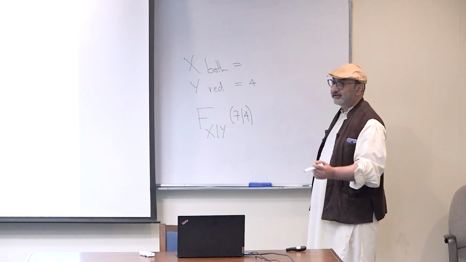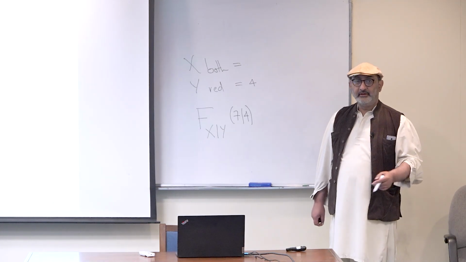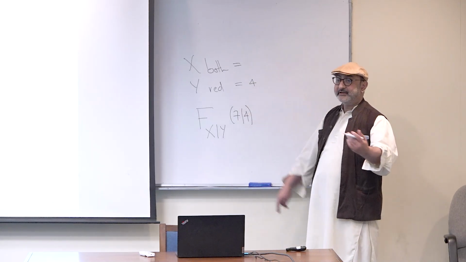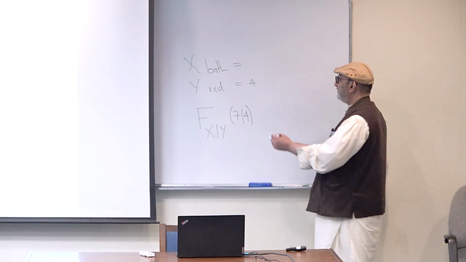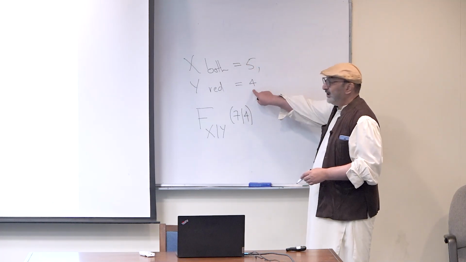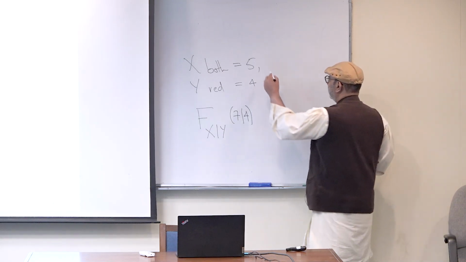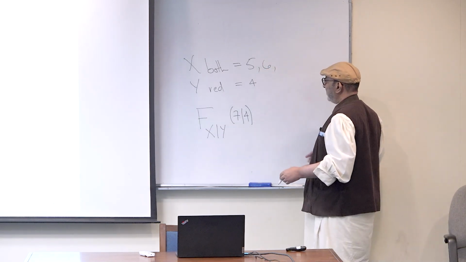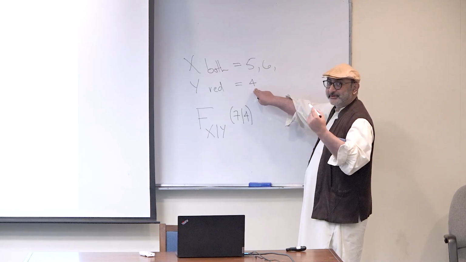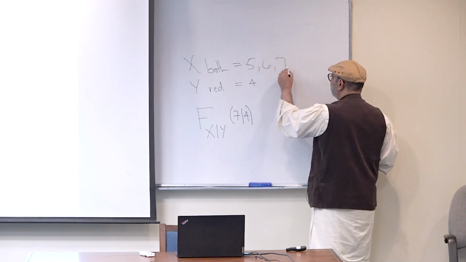Okay, so what could x be? With one die you rolled a 4. With the other die you could roll a 1. That would give you a total of 5. With the other die you could roll a 2, and then 2 plus 4 would give you 6. With one die rolling a 4, you could roll a 3 with the other die, and that would give you 7.